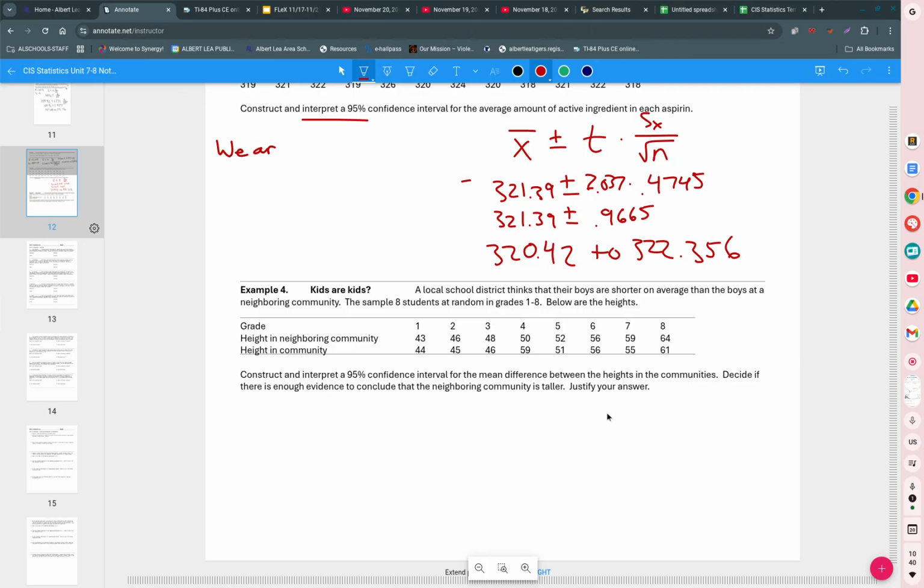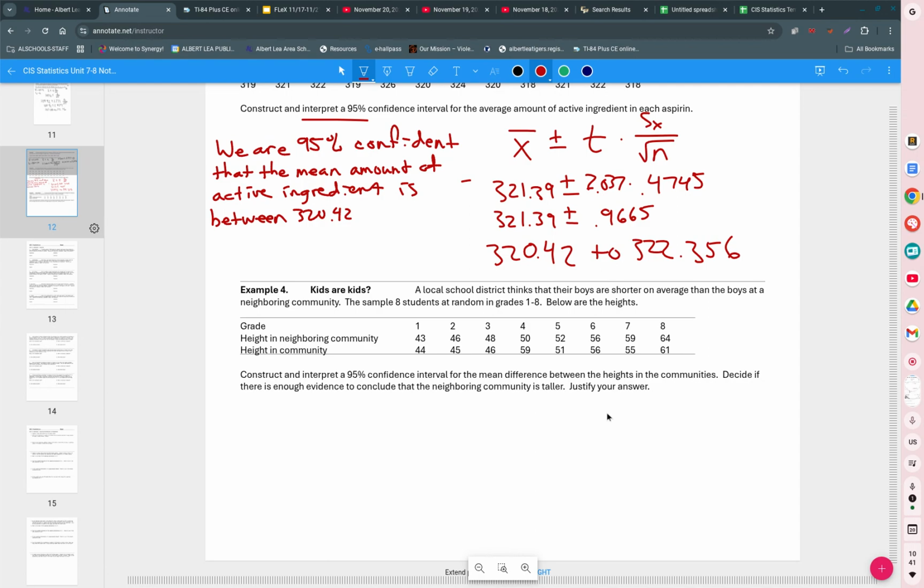It means we are 95% confident that the mean amount of active ingredient is between 320.42 and 322.356. That's what that means. We're 95% confident.